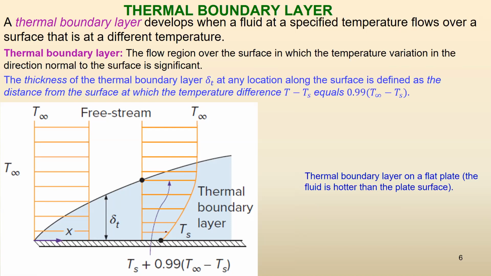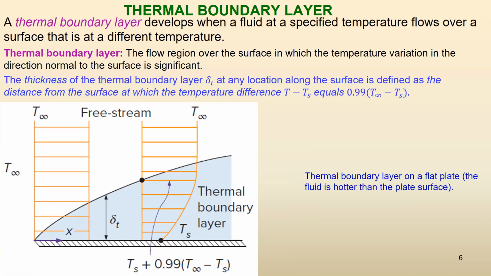So its temperature in the area closer to the surface is lower than the original temperature because it's losing energy. This area where we see the gradient of temperature, or change of the temperature in the vertical direction, is called the thermal boundary layer.